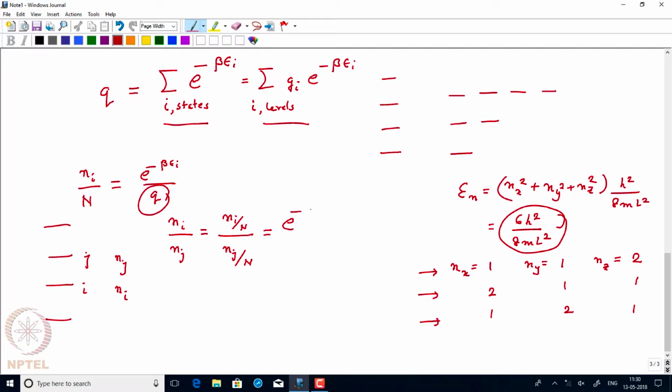So I'll have e to the power minus beta epsilon i divided by e to the power minus beta epsilon j, which together we can write as e to the power minus beta (epsilon i minus epsilon j).